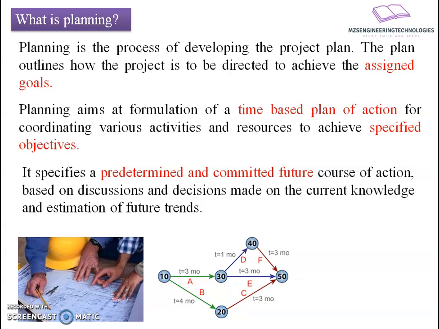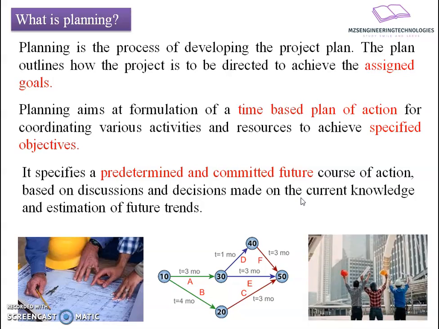Committed future means the things will really be in existence. For that, we are going to plan a sequential program. That sequencing program of a process of developing a project is called the planning of a project. And at the last, what we get from that planning is to achieve the goals we desire and the things we want to get at the completion of the project.